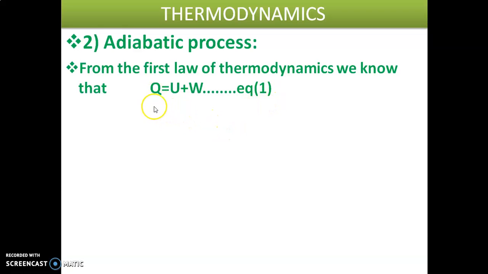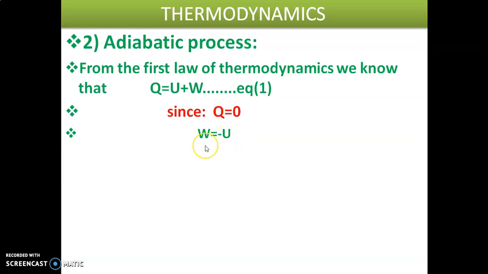Since Q is equal to 0, why? Because this is an adiabatic process. No heat enters the system and no heat leaves the system. So that's why Q is equal to 0. If we substitute this Q value in equation number 1, we get W is equal to minus U. Means work done is equal to internal energy.